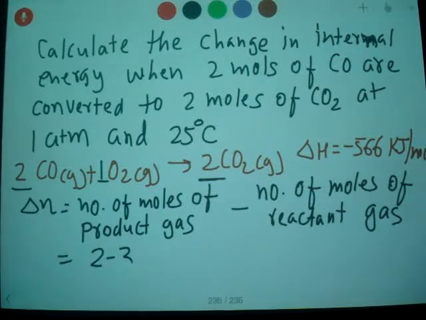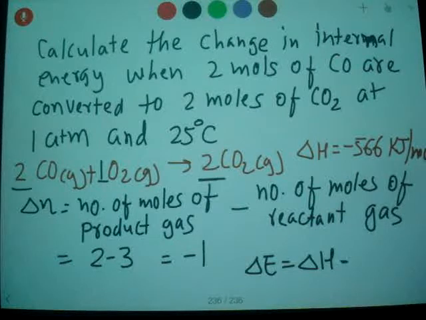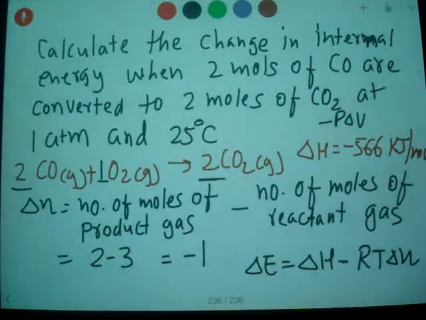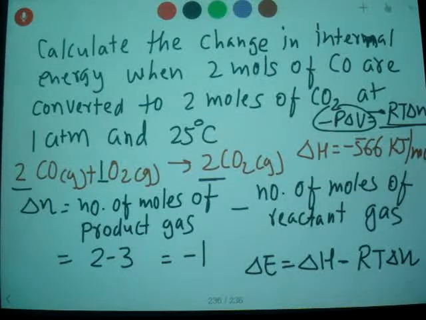So 2 minus 3, you get minus 1. Alright. Now, we are going to use this equation, delta E equals delta H minus RT delta N. Why? Because remember, negative P delta V, we can write negative RT delta N. Instead of that, we can write the ideal gas law, right?